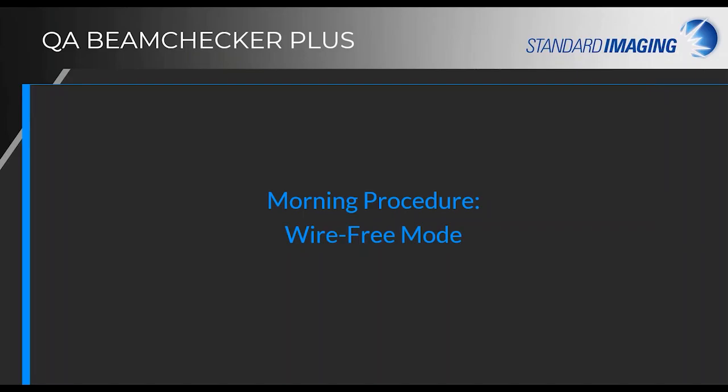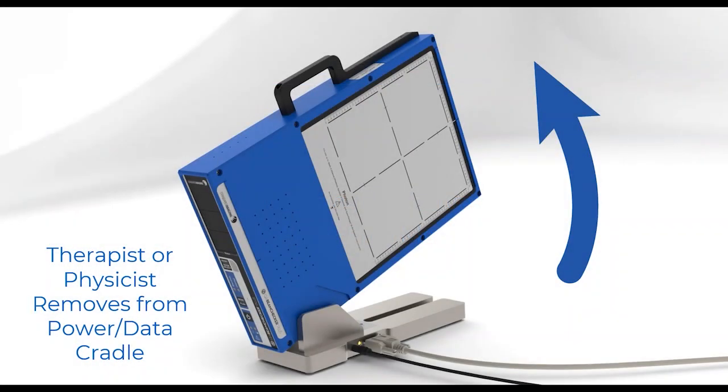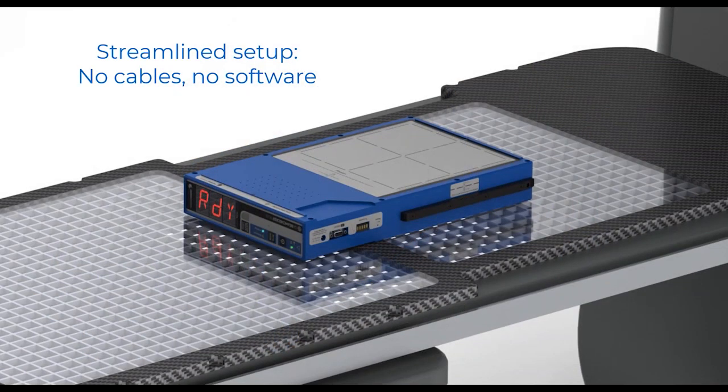So how does that look then when the therapists come in the morning to do the procedure in the wire-free mode? They simply pull the device off of the cradle and go back into the treatment vault, and put the device on the treatment couch.